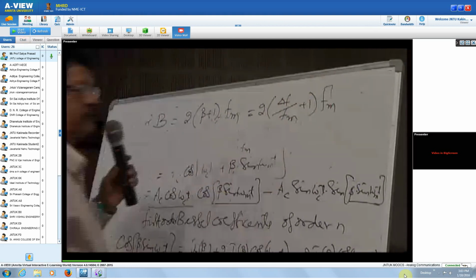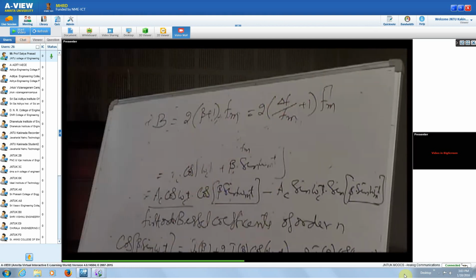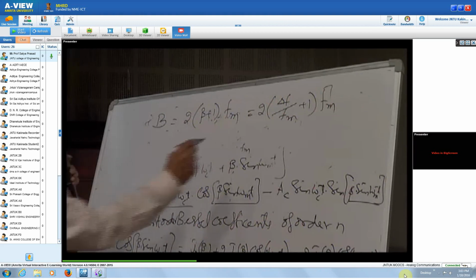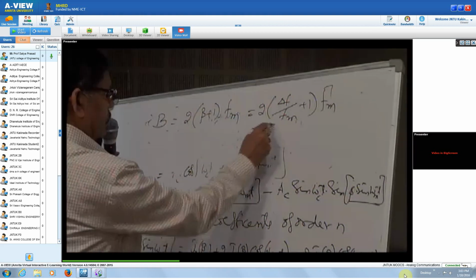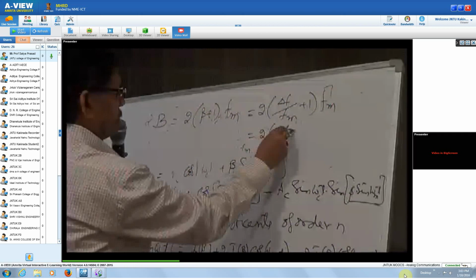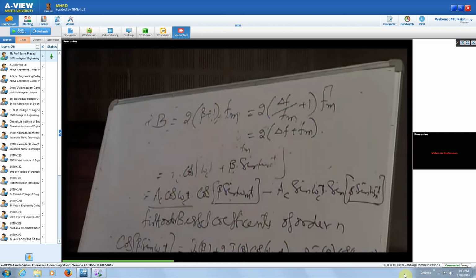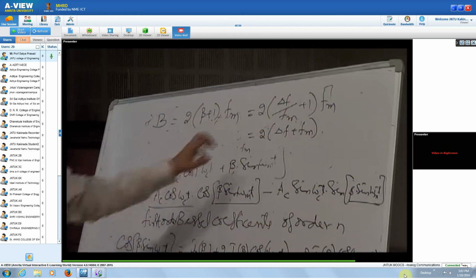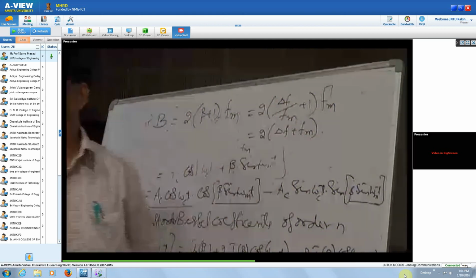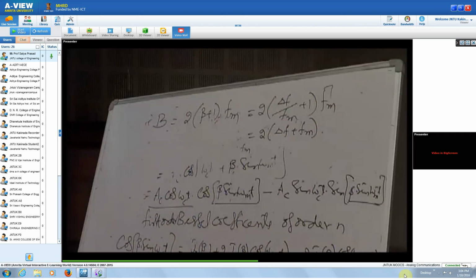Beta we are getting as delta F by Fm. Therefore, twice delta F plus Fm. The bandwidth that we are going to allow is twice that of the frequency deviation plus the baseband signal frequency.